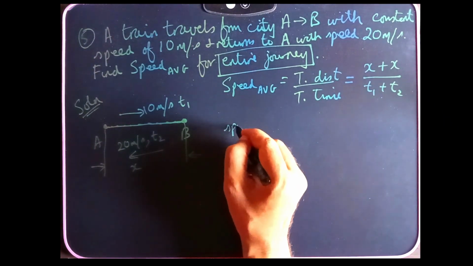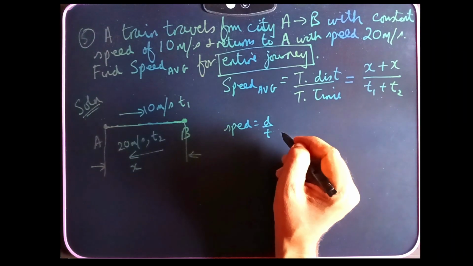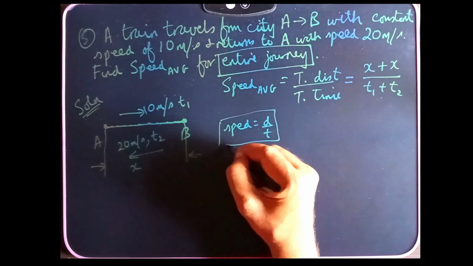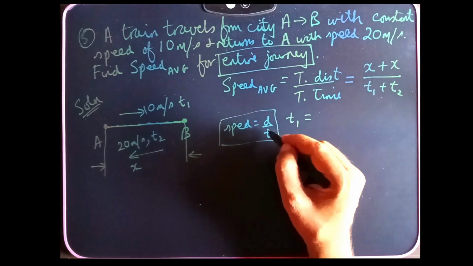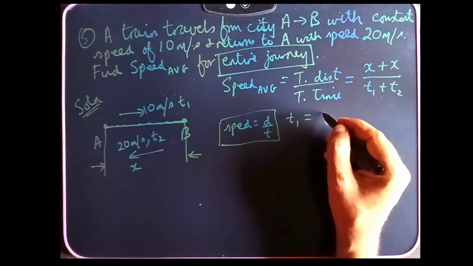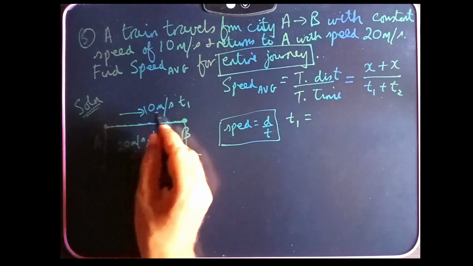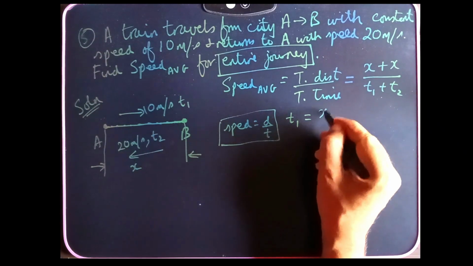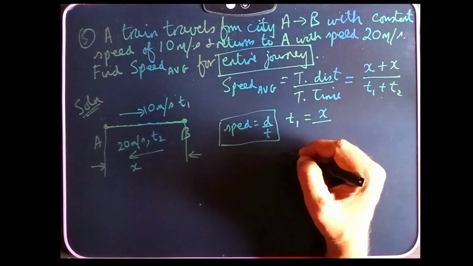And the formula for speed is distance by time. So with this you can calculate time t1, which is equal to distance, that is x in the first part, divided by the speed.